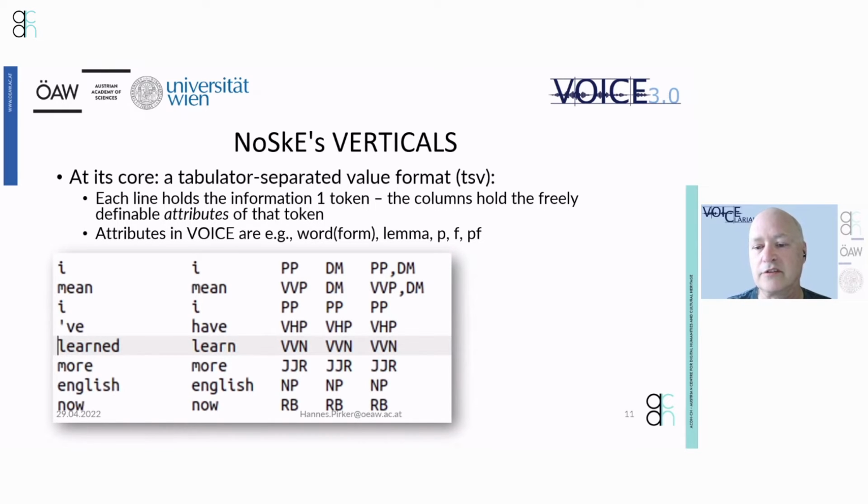We also added an attribute called PF where we put those two together. In this example, "I" is marked both as a personal pronoun and as a discourse marker. And "learned" obviously has the lemma "learn". That's a very easy format.